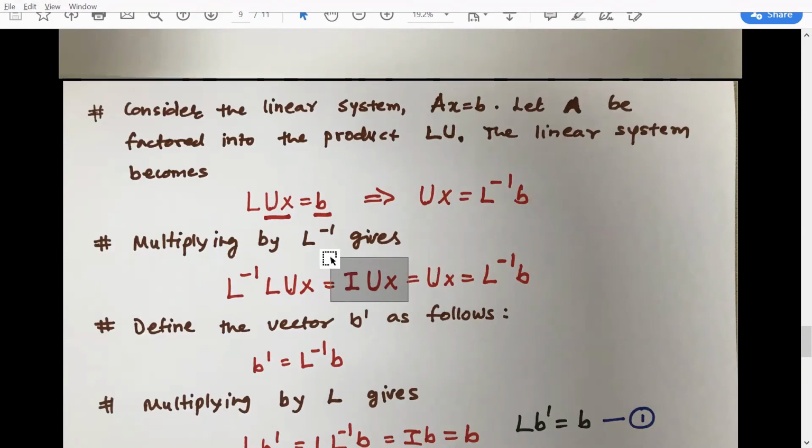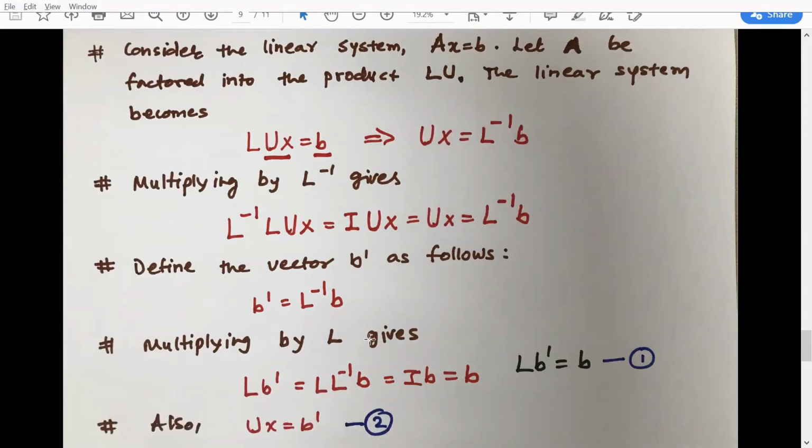So IUX gives you UX, and UX is nothing but L inverse B. So we now define the vector L inverse B as B dash. I'm naming it with the symbol B dash. L inverse B is your B dash.